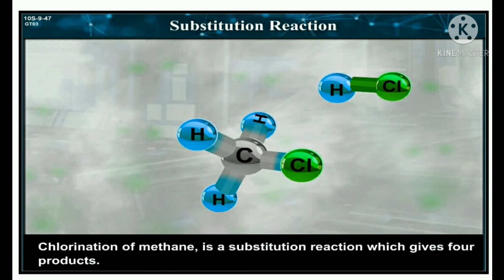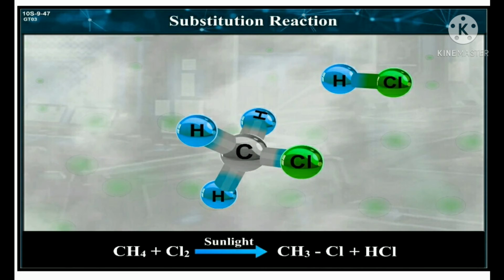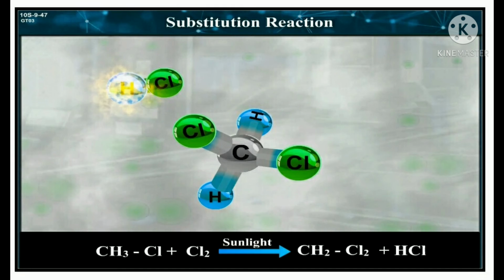Chlorination of methane is a substitution reaction which gives four products. CH4 plus Cl2 in presence of sunlight gives CH3Cl plus HCl. CH3Cl plus Cl2 in presence of sunlight gives CH2Cl2 plus HCl.